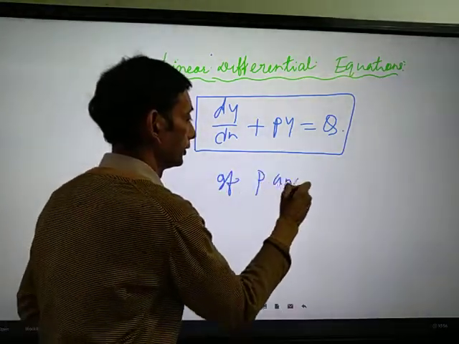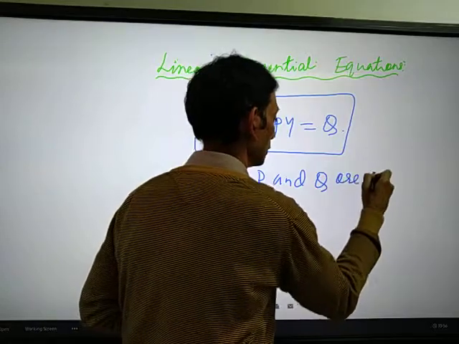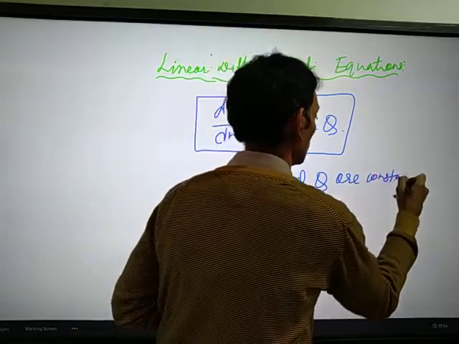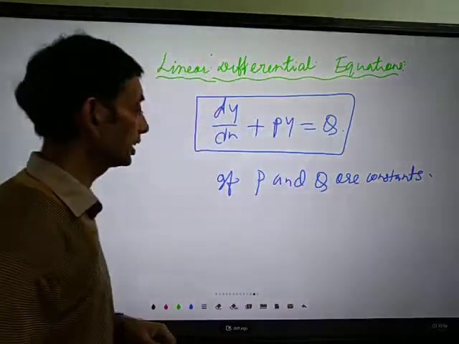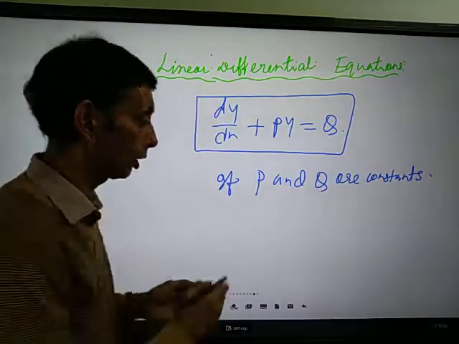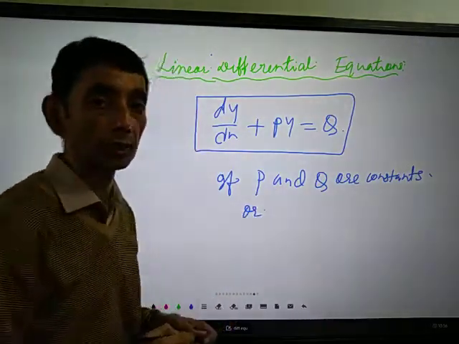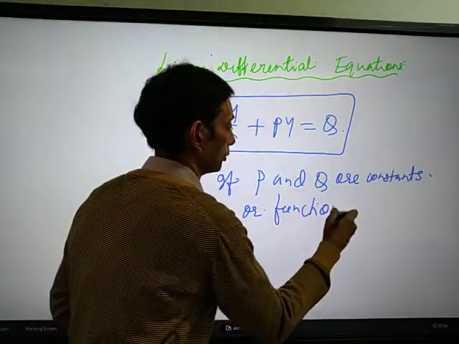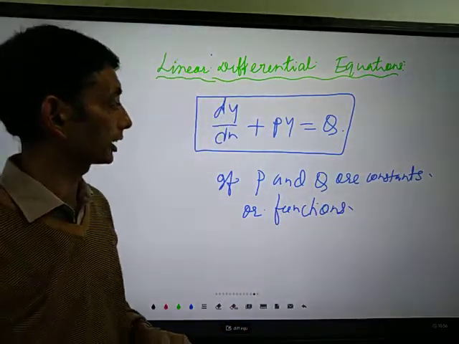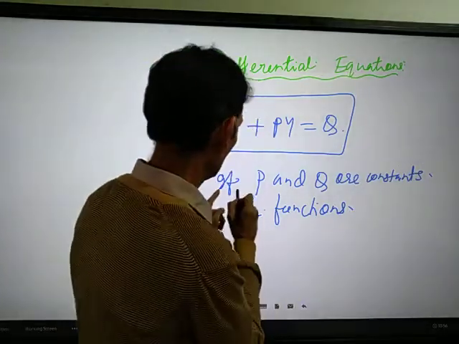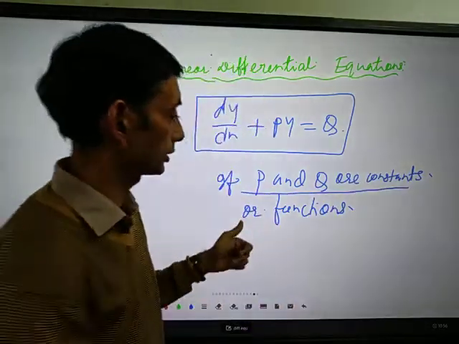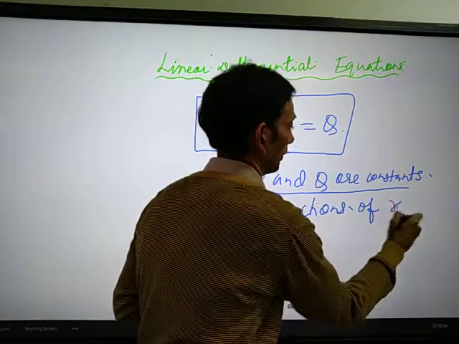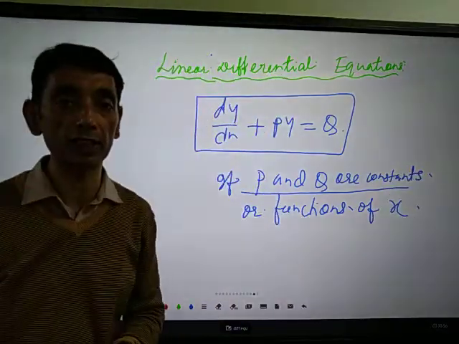p and q are constants or functions of x, that is the independent variable.